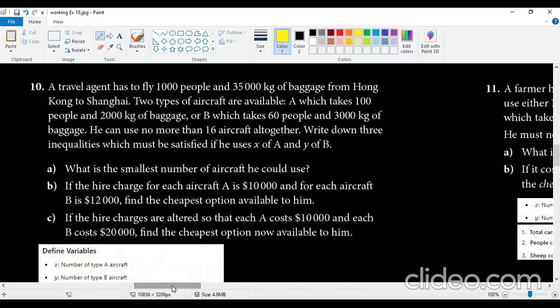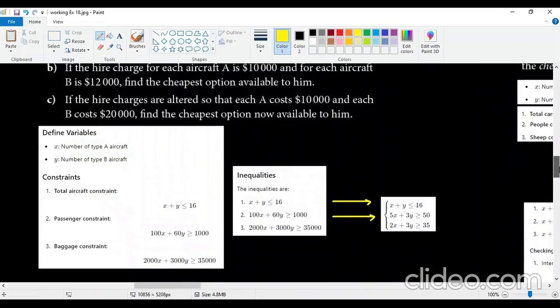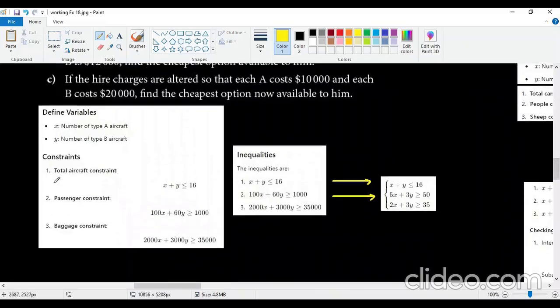So we go step by step. The first step is to put all these inequalities in order. The first inequality is the total aircraft constraint, which is x plus y should be less than or equal to 16. Even if it is equal to, it's going to be fine. Second comes the passenger constraint.